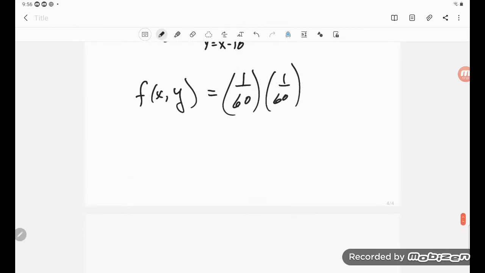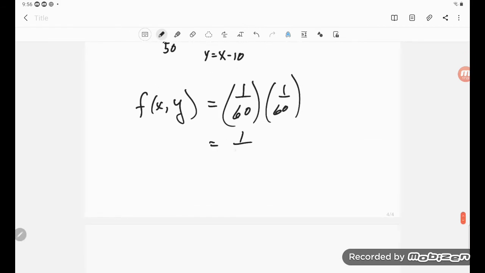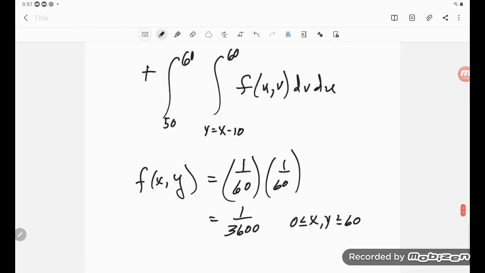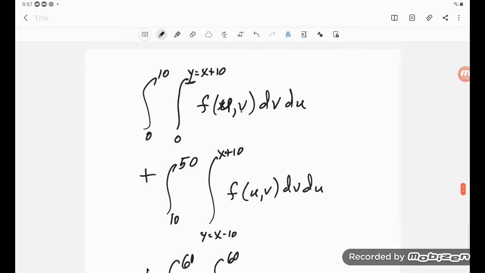And so that is 1 over 3600, and in this case 0 is less than or equal to both x and y is less than or equal to 60. And so now what we would have to do is each of these integrals.